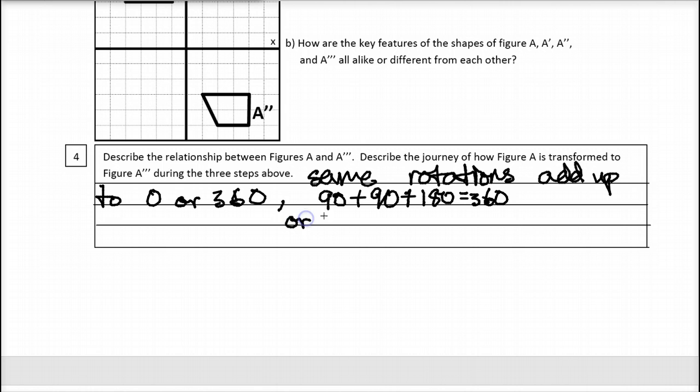Or we had 90 plus 90, and if we went in the opposite direction, that's minus 180. That's why we said it doesn't matter which direction you go, because that would be 0. So whether we did one full turn or no turns, we still start at the same place. We go back to the start.